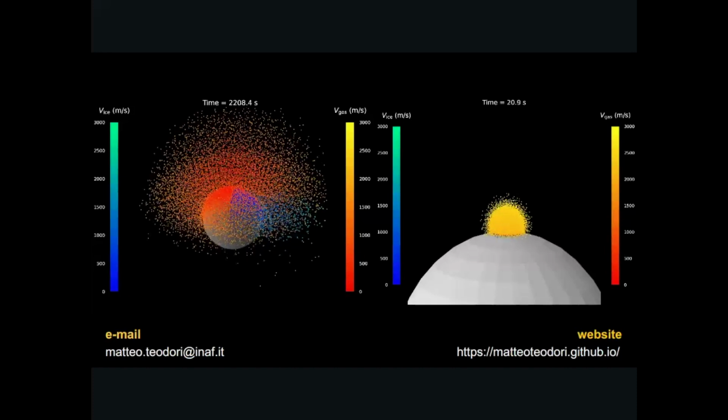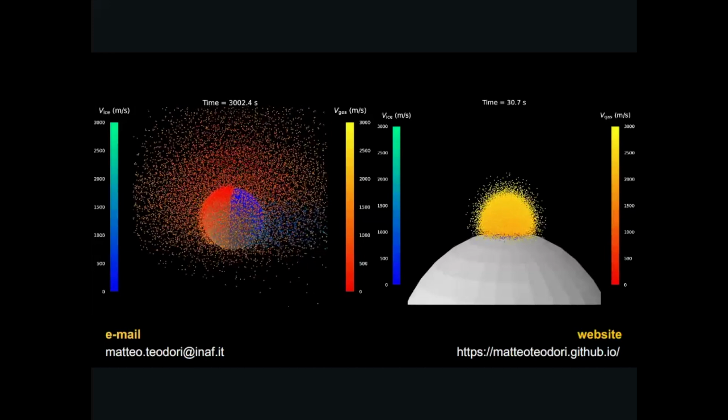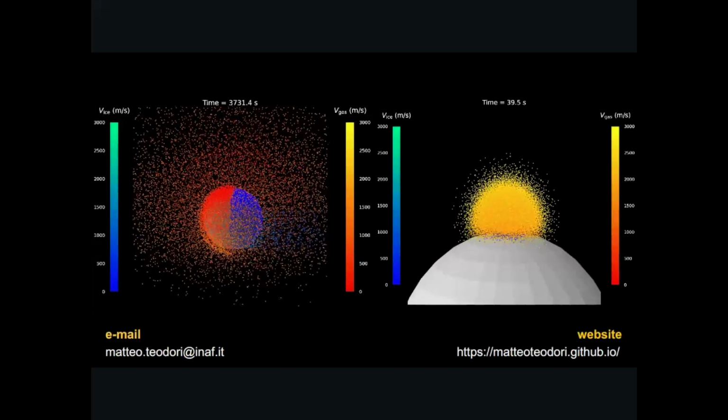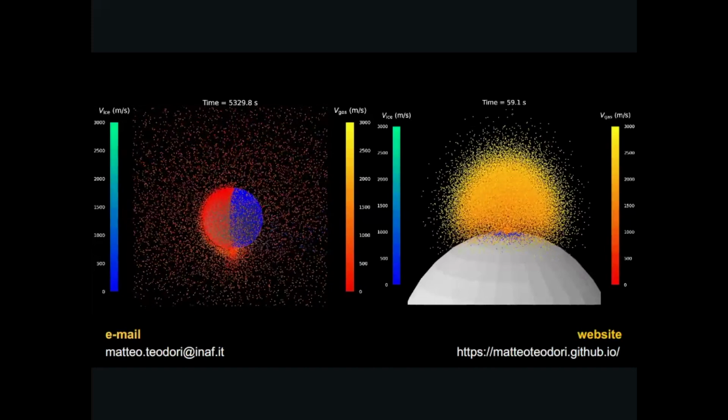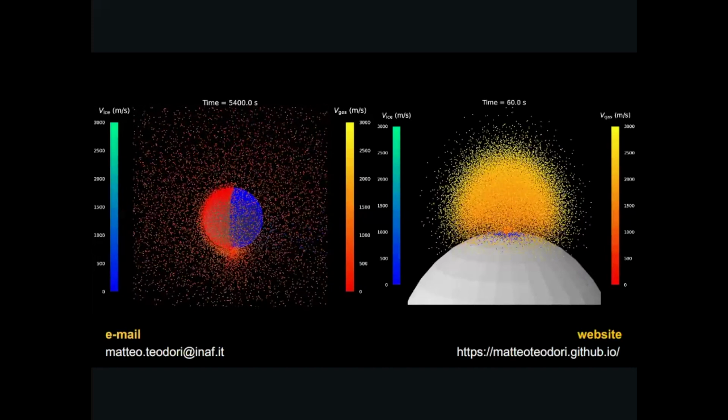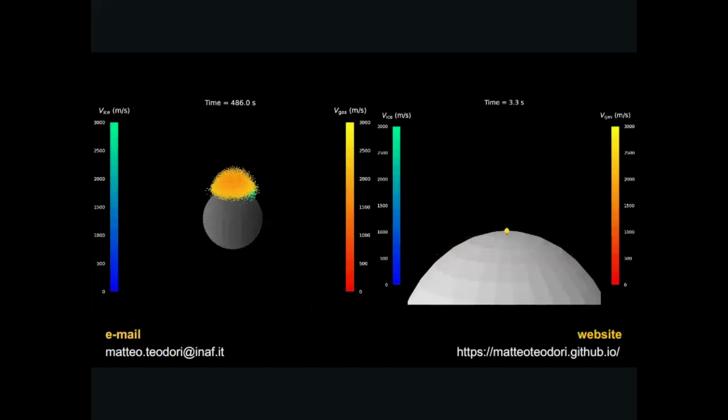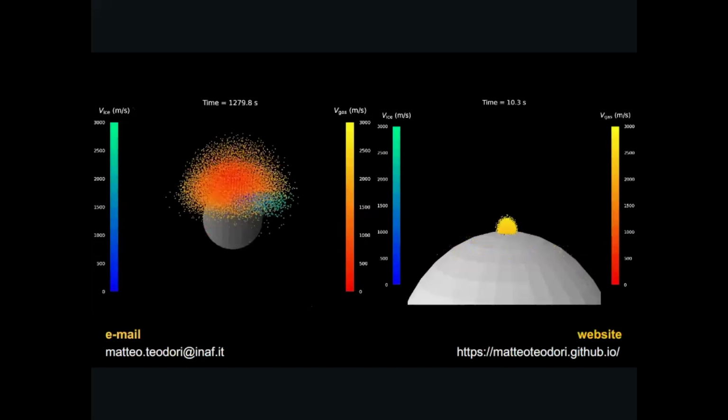Actually, in the SPH approach, you can introduce whatever equation you like. But of course, you must be careful, because if you introduce some equation that has an extremely small time scale, you end up studying one phenomenon instead of another.